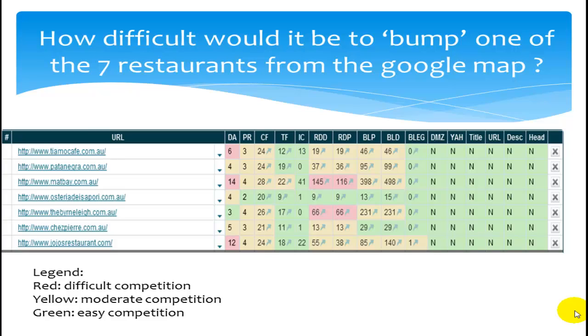But you can see there's only a very small number of red instances. In fact, it's predominantly green with some yellow, which indicates that it's not a significant issue to reposition other companies and move them up the ladder and get you onto that map.